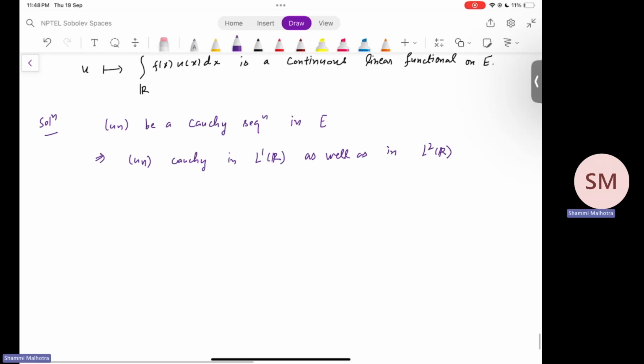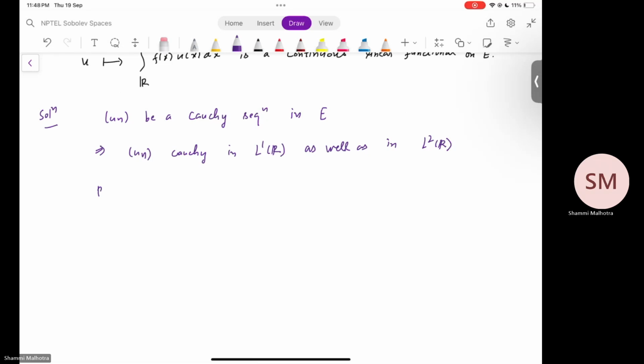This comes from the definition of the norm on E, but L1 and L2 are both Banach spaces.